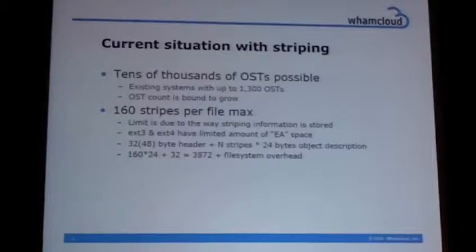So it's like 32 bytes header plus 24 bytes for each stripe description, which includes the OST index number and then the object ID and stuff like this. So 160 times 24 plus 32 gives us about 3872 bytes, which is already close enough to the block size, and plus there's some overhead to store the attribute names, and generally it's a good idea to allow some space for other attributes like extended attributes.